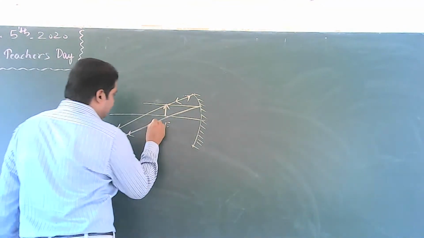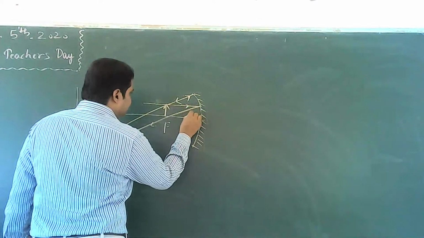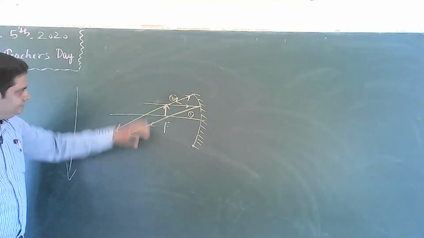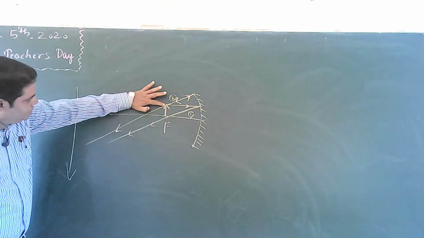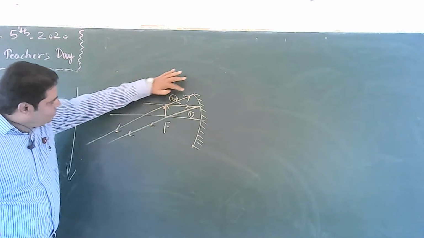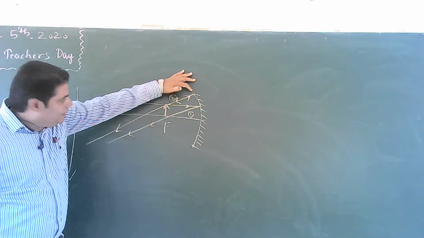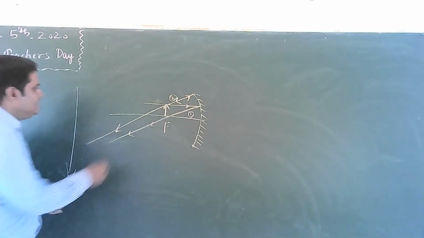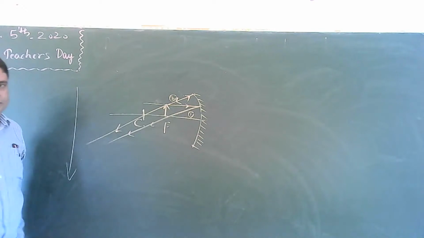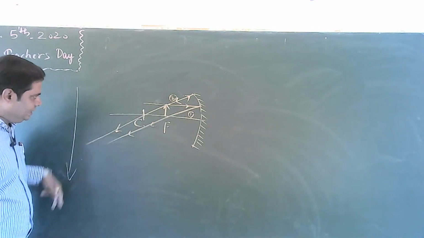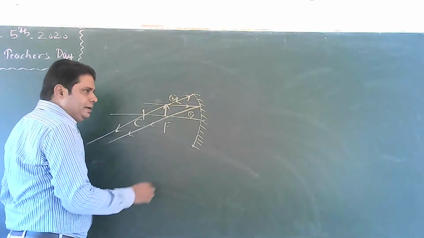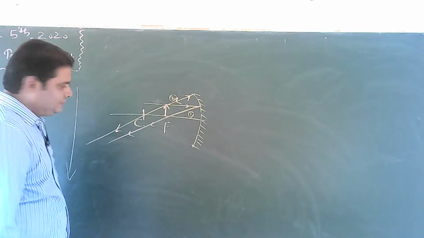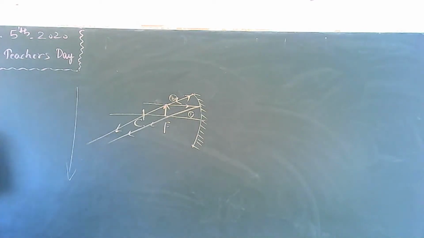You see? Now I have considered these two rays, ray 1 and ray 2. A ray from this object is incident somewhere here on the concave mirror, and it is reflected back, say through C. You know, whenever the rays pass through C, they will reflect back.